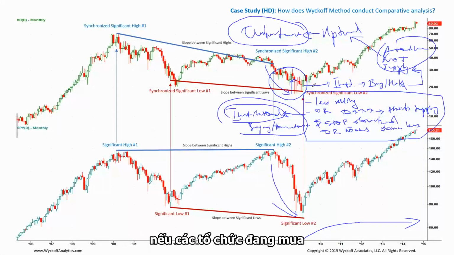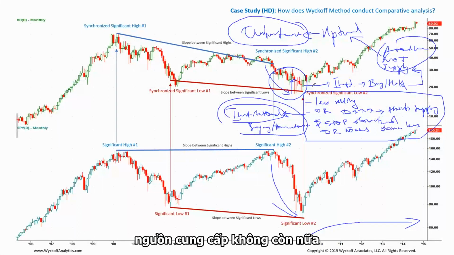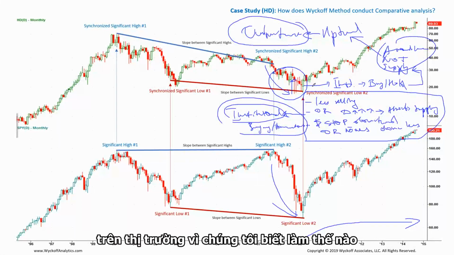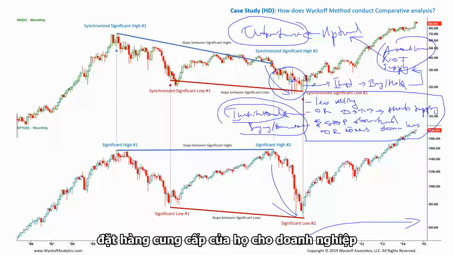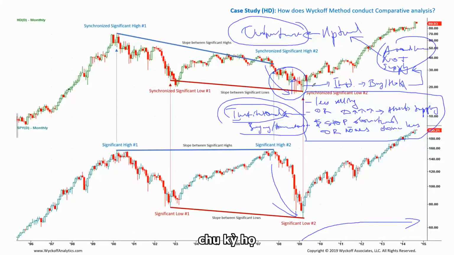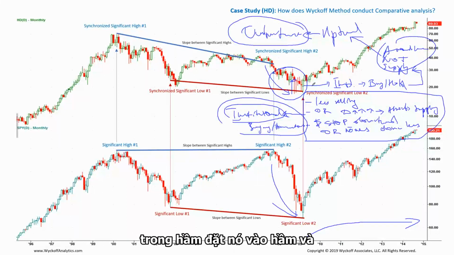If institutions are buying, they are absorbing the supply, and that supply is no longer available in the market, because we know how big institutions like this hoard their supply for the business cycle. They usually put it in the vault, and just go away for years and years.